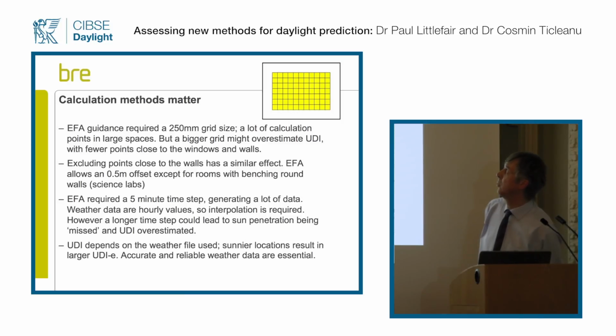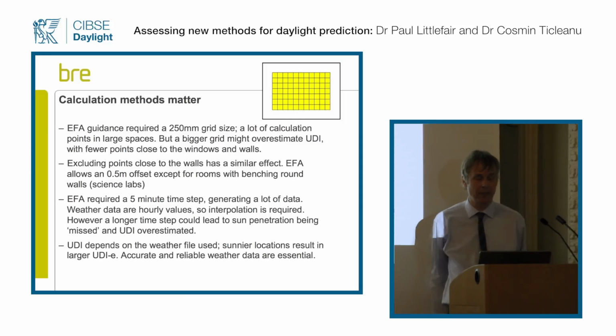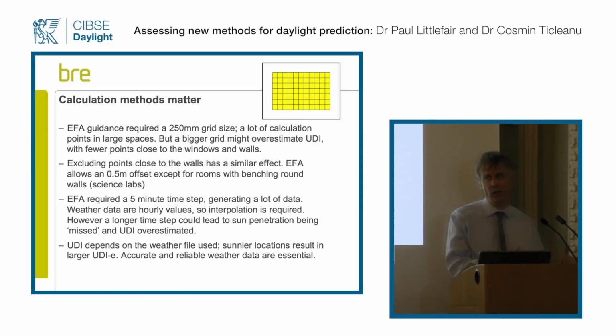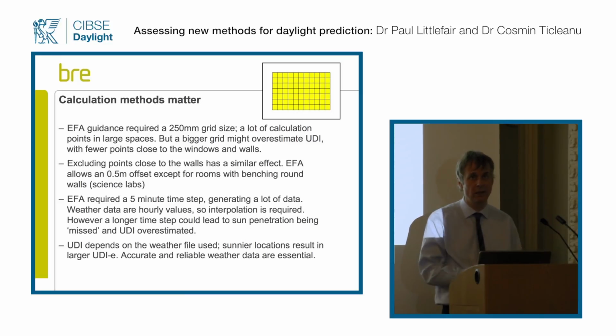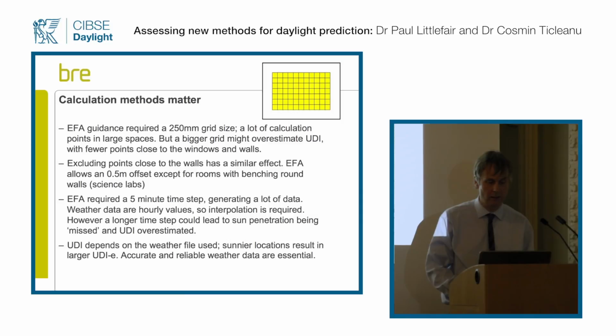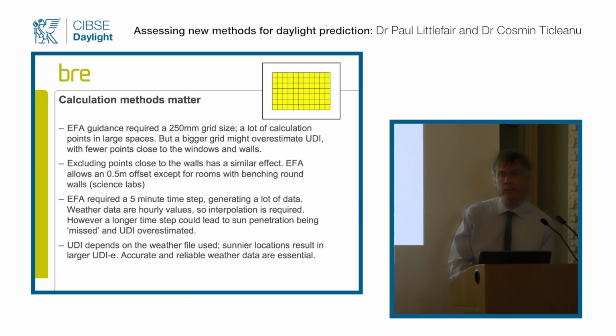But the bigger grid might end up overestimating the useful daylight luminance, because essentially if you've got a bigger grid, then your points are going to be further away from the windows and walls, and hence less likely to have a low UDI. And there was a gentleman talking earlier on about using an offset. That was you, wasn't it? You were talking about using an offset and excluding points close to the walls.